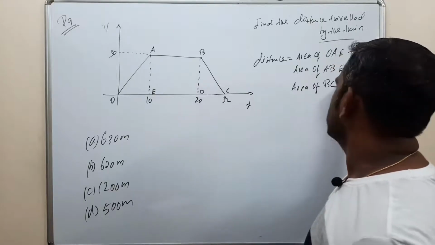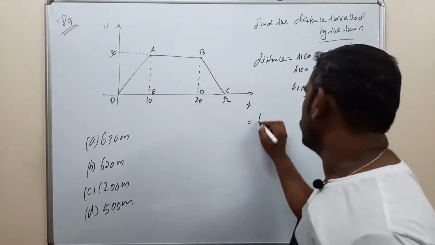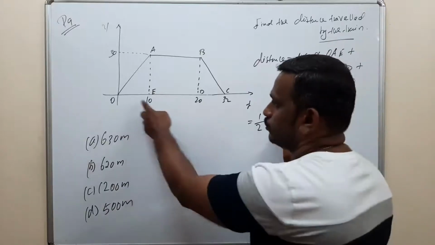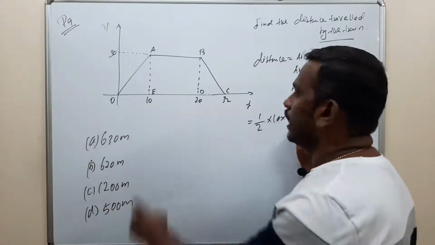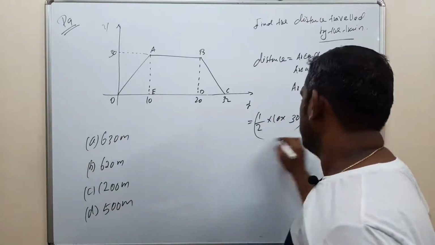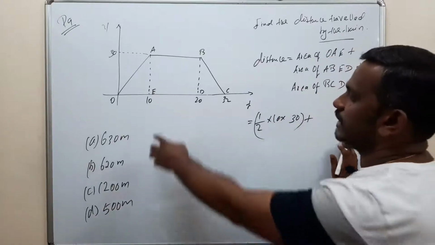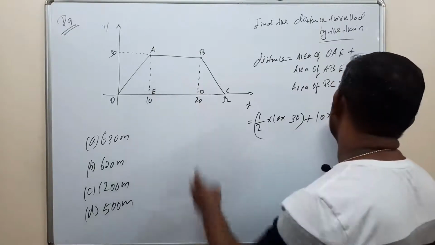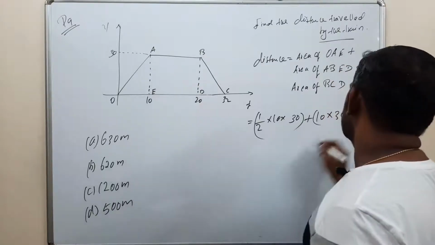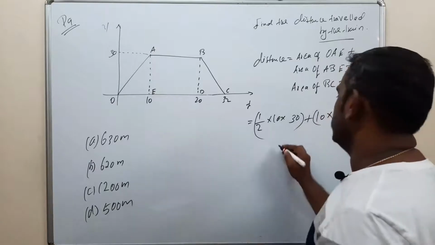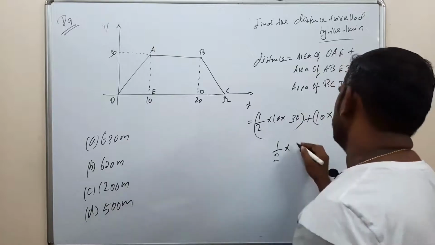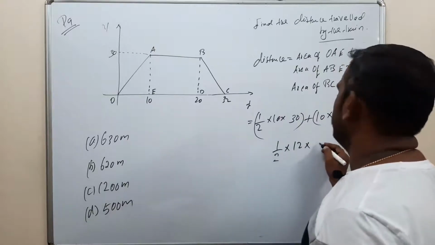So that is equal to half into 10 into height 30 for the triangle OAE, plus the area of the rectangle from 10 to 20, so 10 into 30, plus the area of the triangle BCD, so half into 20 to 32, that is 12, into 30.